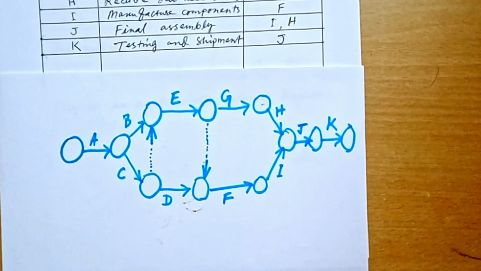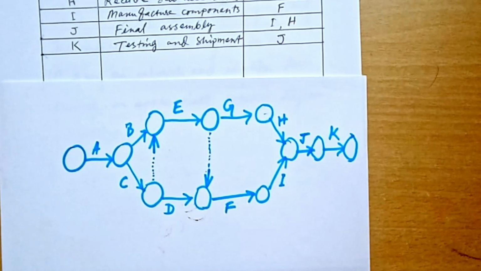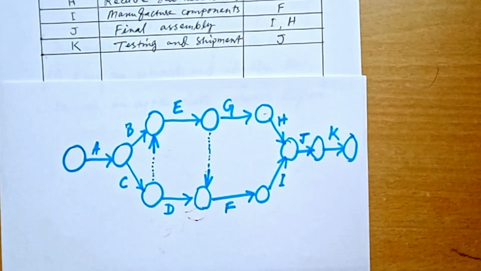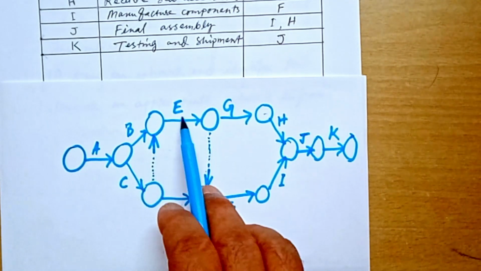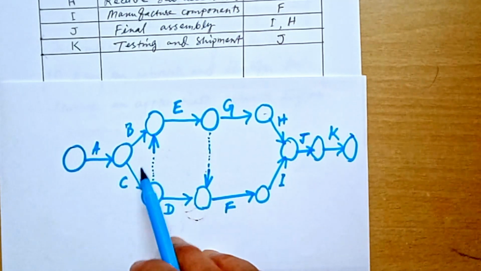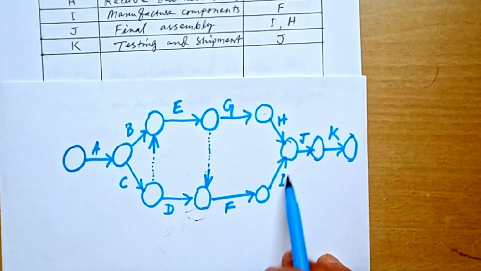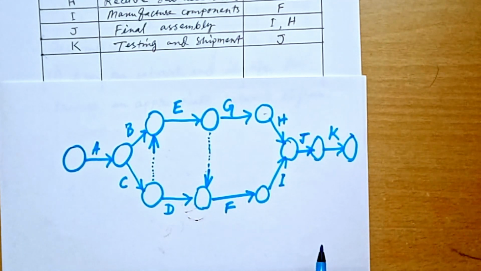So this is the network diagram for this project, where you have how many activities? 1, 2, 3, 4, 5, 6, 7, 8, 9, 10, 11. You have 11 activities and events.